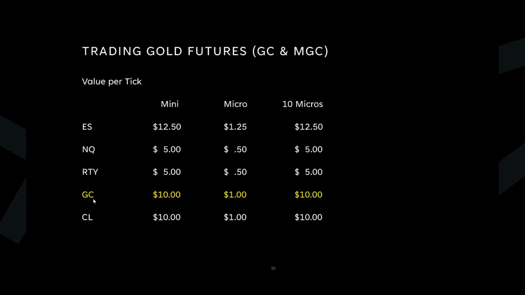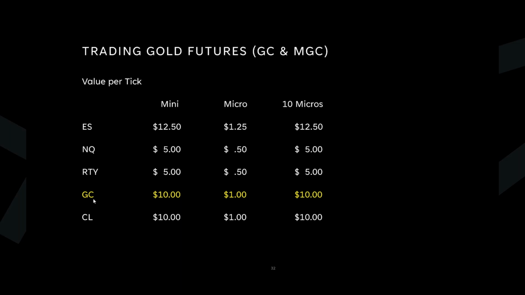Now, the middle column is micros. Micros didn't exist 4 years ago or whatever. Only minis existed, but micros were introduced, and they've brought many people into the marketplace because there's a lower risk per contract, although there's obviously a lower reward. So I just put the third column in there because if you want to deal with micros, but you're afraid they're too small, you just trade 10 micros.